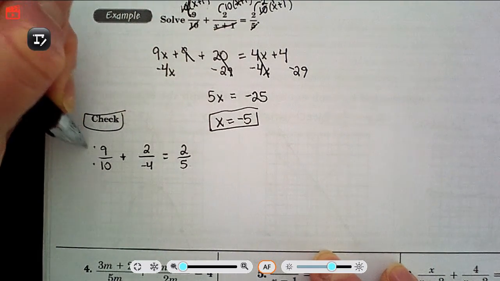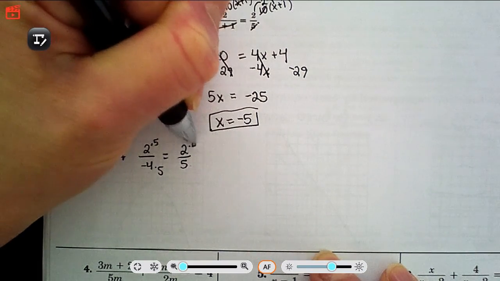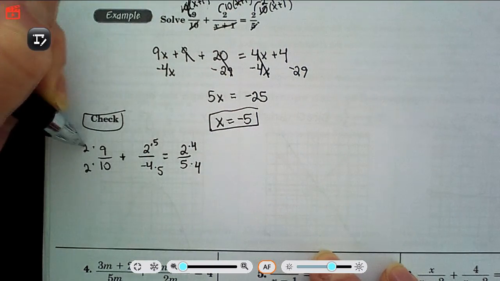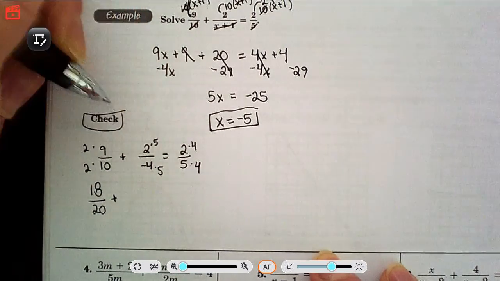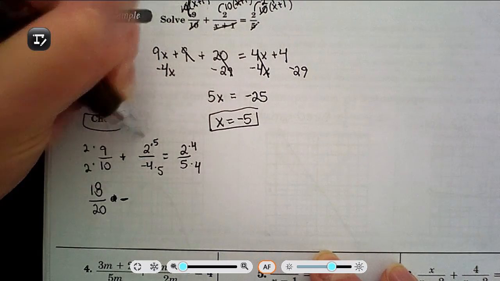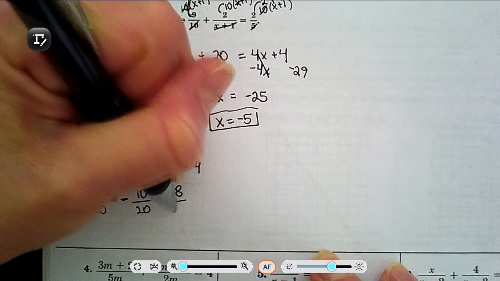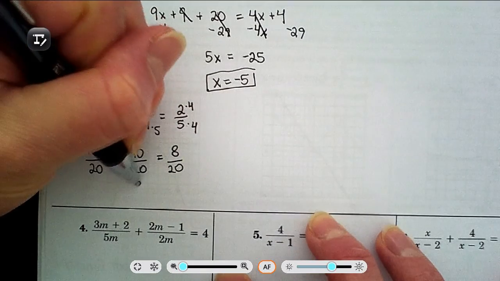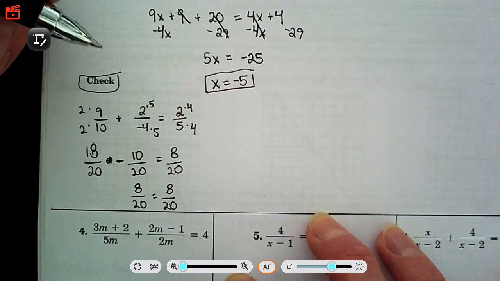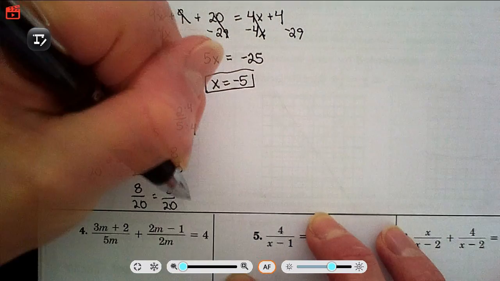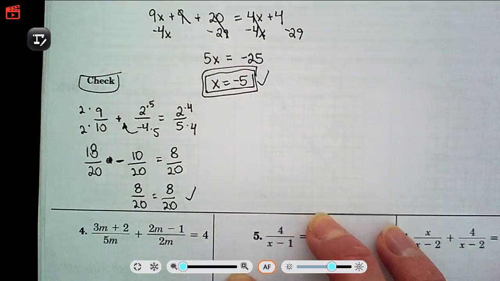If I multiply the top and bottom by 2, and multiply this by 5, and this by 4, 9 times 2 is 18 over 20, minus 10 over 20, equals 8 over 20. 18 minus 10 is 8. Good, they are equal. So I have checked that x equals negative 5 works. Great.